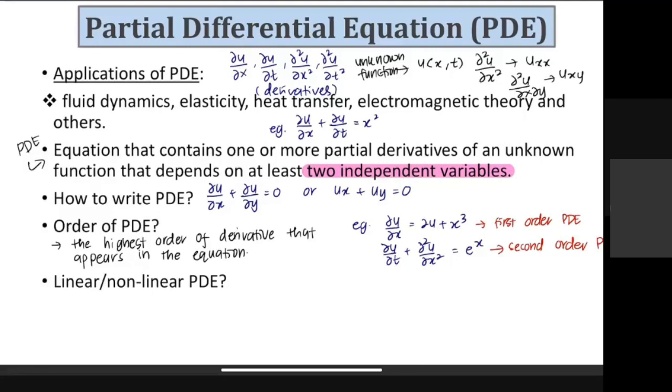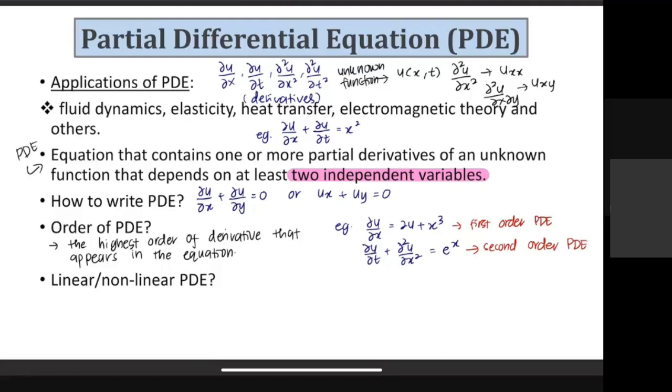We look at the order of the PDE by the highest order of derivative. For this example, the derivative is del U over del X. Order dia satu. So this is a first order PDE. For this example, we have two derivatives, del U over del T and del square U over del X square, but the highest order is 2. So this is a second order PDE.